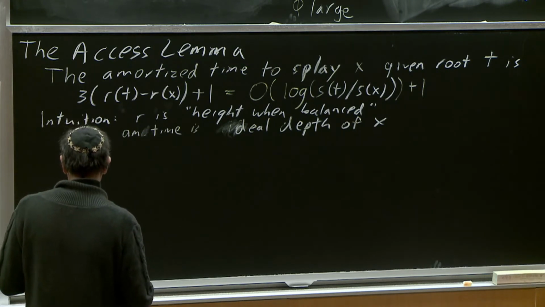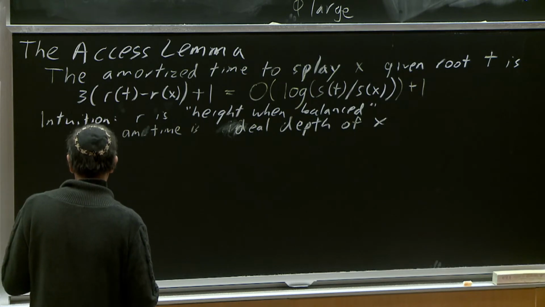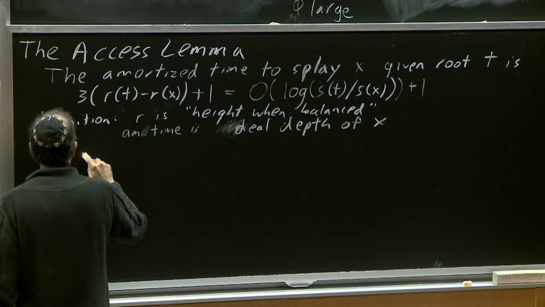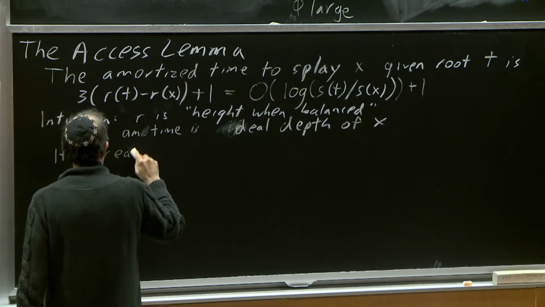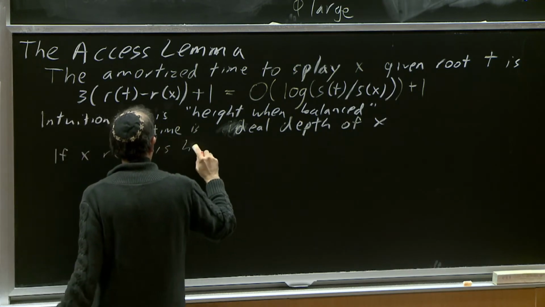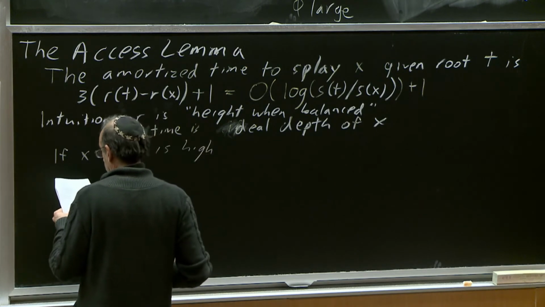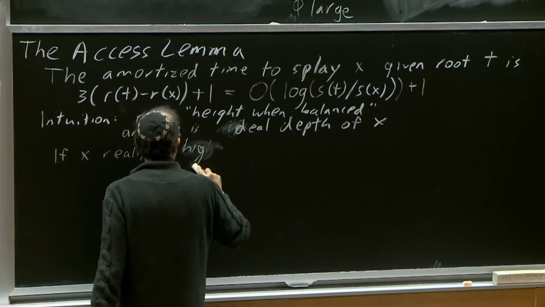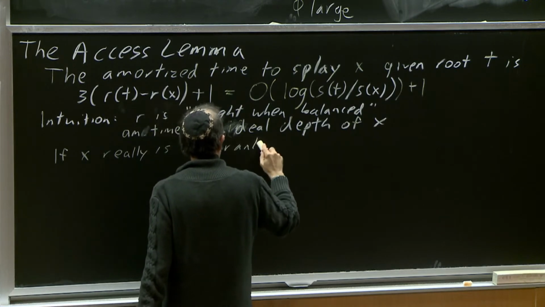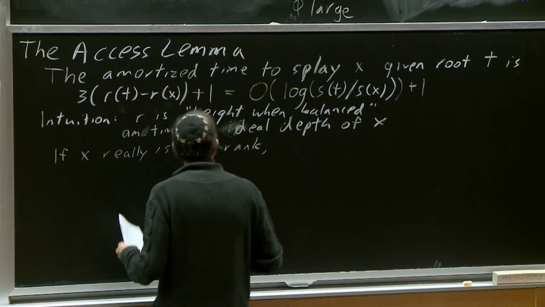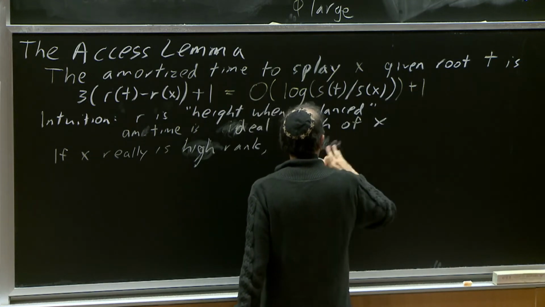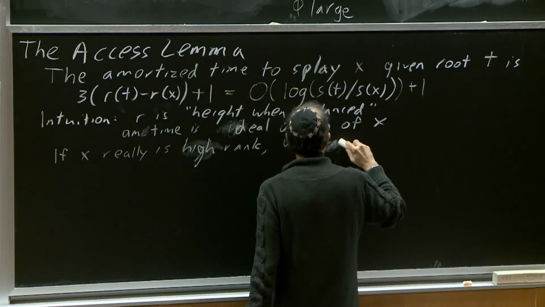Nevertheless, from an amortized perspective, it works out just fine. Another intuition. If x really is high in the tree, if x is high rank, i.e. a large subtree, we want it to be high in the tree.